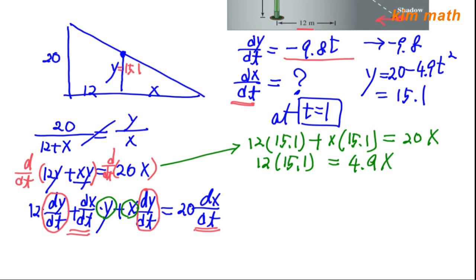Okay? Now, if you divide both sides by 4.9, x will be 12 times 15.1 divided by 4.9. If my calculation is correct, this is about 37. Okay, so this is 37. Good. Now we have all the information here.